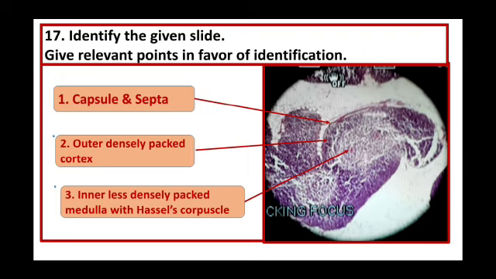This tissue is divided into outer densely packed cortex and inner less densely packed medulla. In the medulla you can see the Hassall's corpuscle, also called thymic corpuscle.